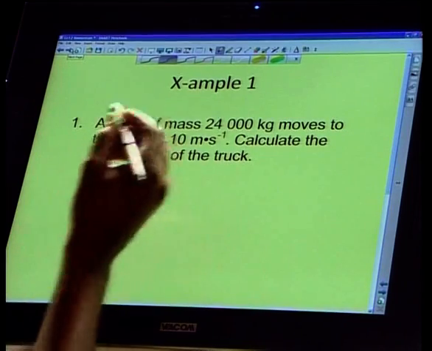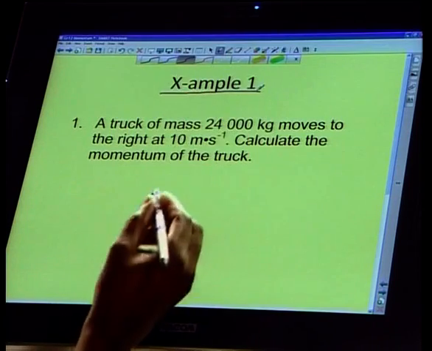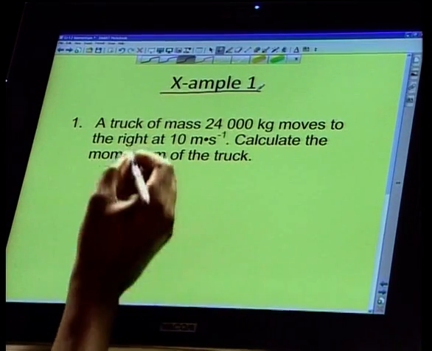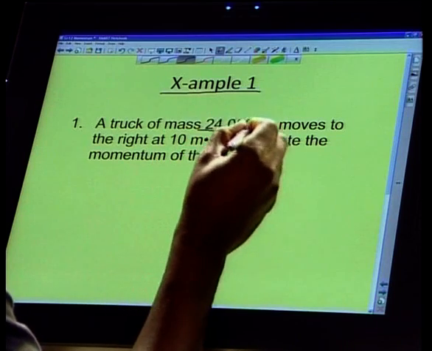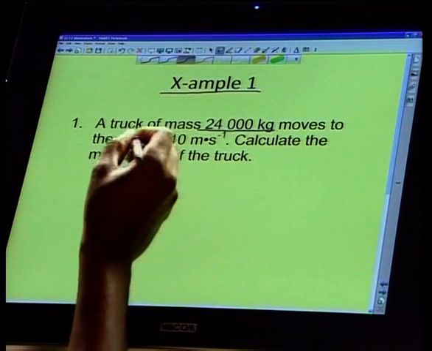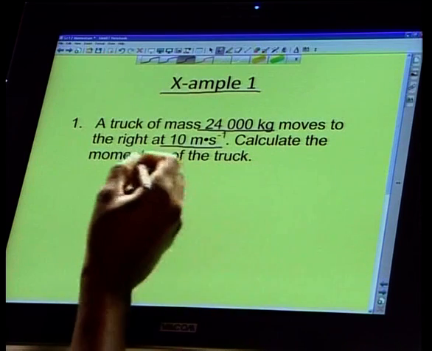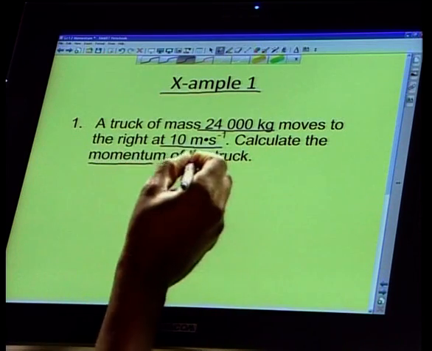Let's move on. Let's look at example 1. Example 1 talks about a truck with a mass of 24,000 kilograms, and this truck is moving to the right at 10 meters per second. Calculate the momentum of the truck.